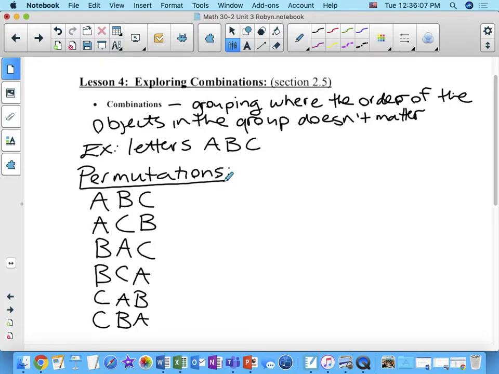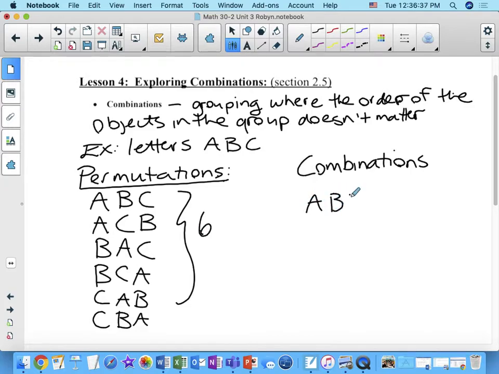Okay, so you're just making a group of the 3 letters. The 3 letters have to go in the group. How many ways could you do it? Yeah. 1 group. There's only one group of 3 letters that has the letters A, B, and C in it. That's it. Yeah, there's only one group with A, B, and C in it. Okay, so the combination, right, this is 6. There's just one.